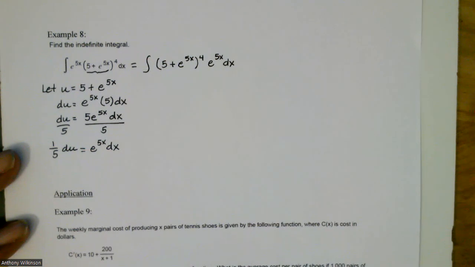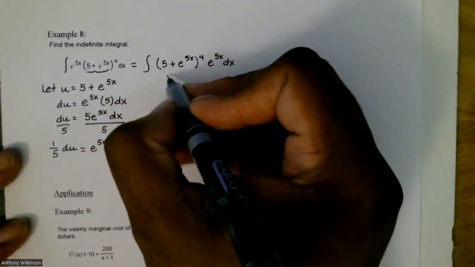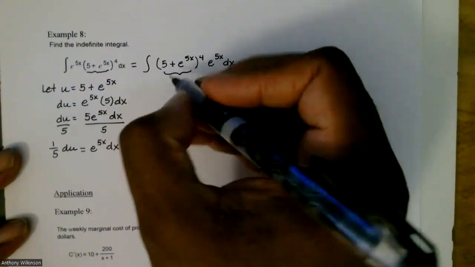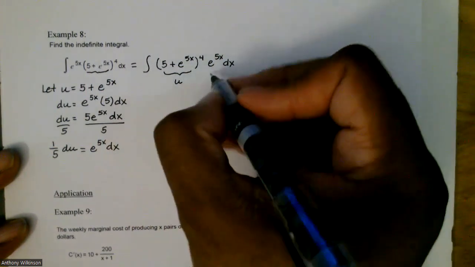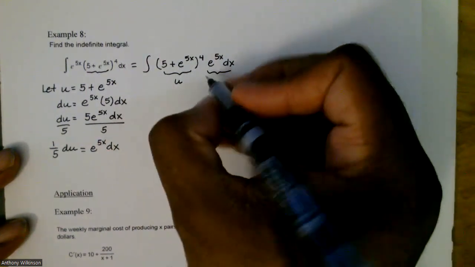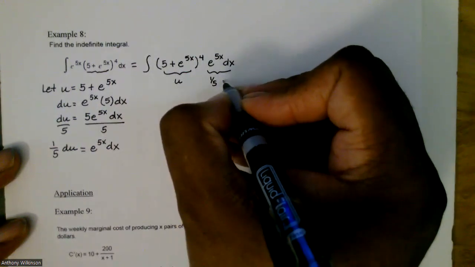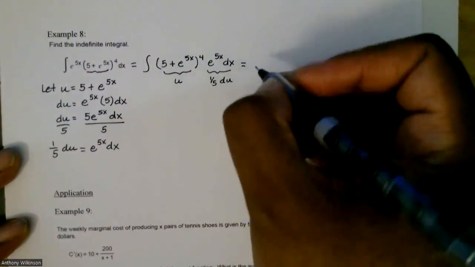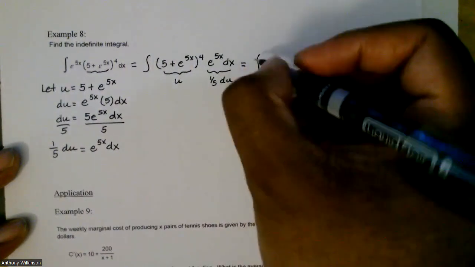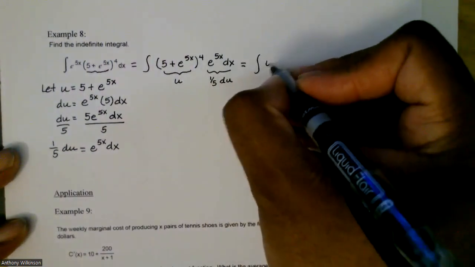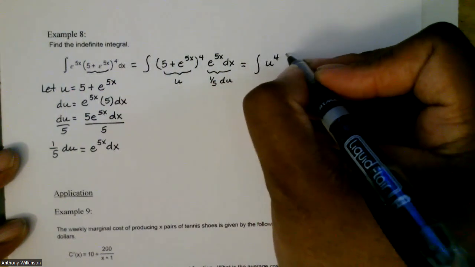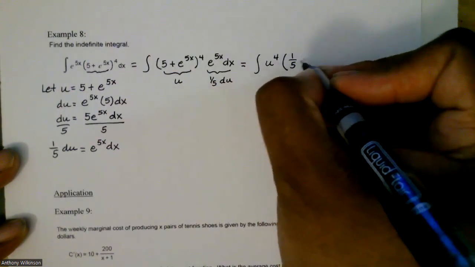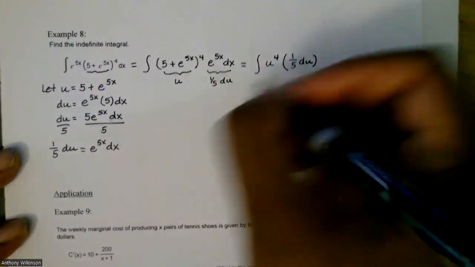So now let's go ahead and do our substitution here. That 5 plus e to the 5x, that's what u is. E to the 5x dx will be that 1/5 du. So I have the integral of u raised to the 4th times 1/5 du.